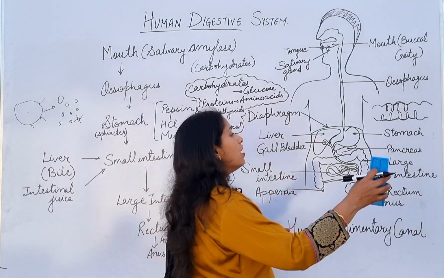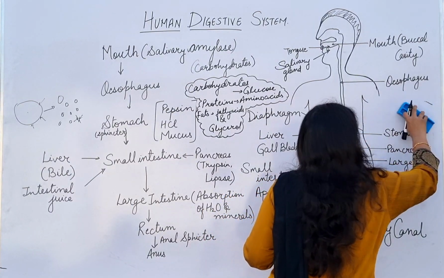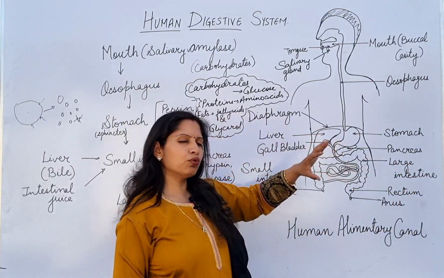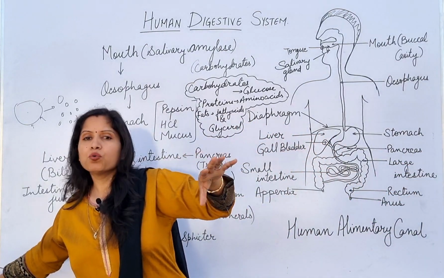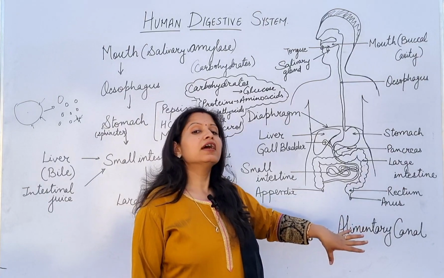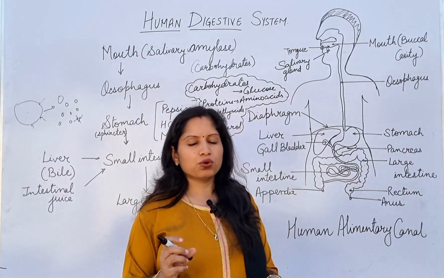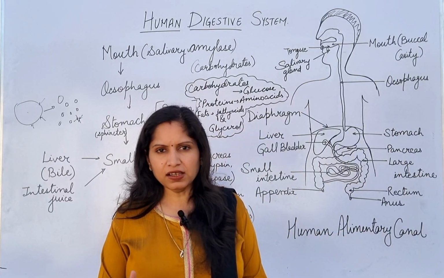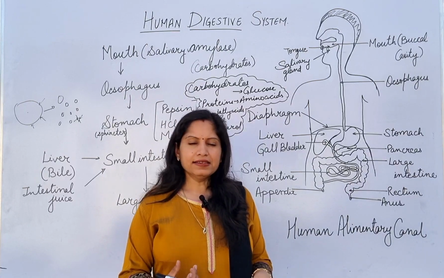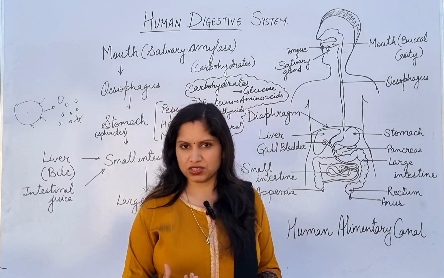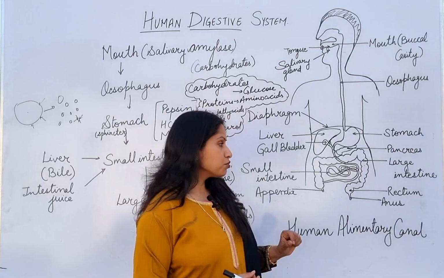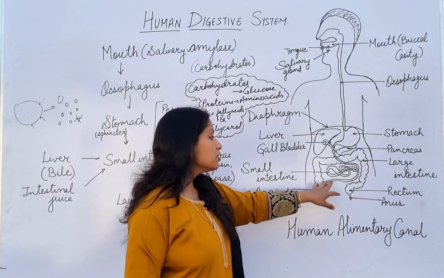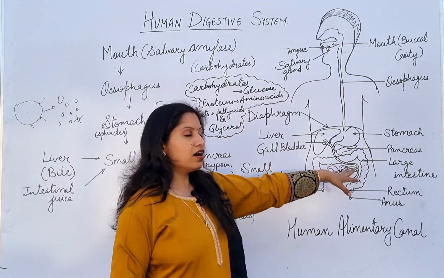Fine. Now, after the small intestine, whatever nutrients were there were already absorbed by the body, and now what is remaining is only the waste material, roughage, and some amount of water and minerals. So the absorption of water and minerals will take place in the large intestine.